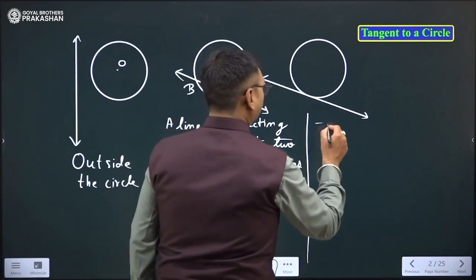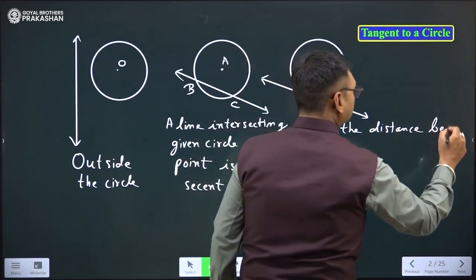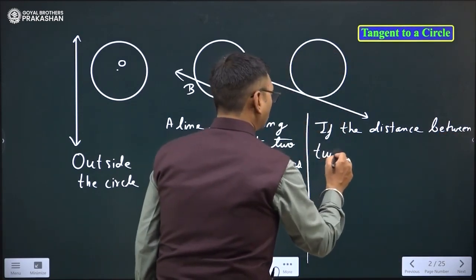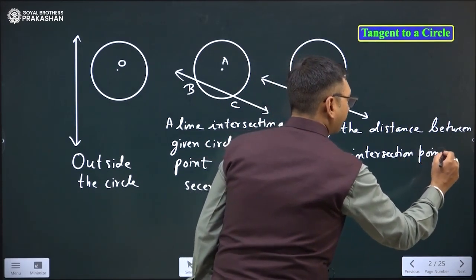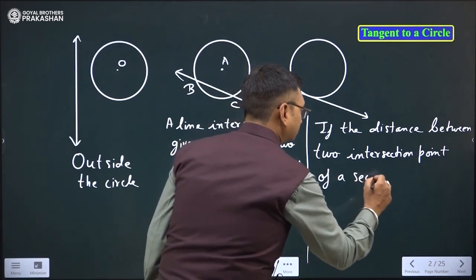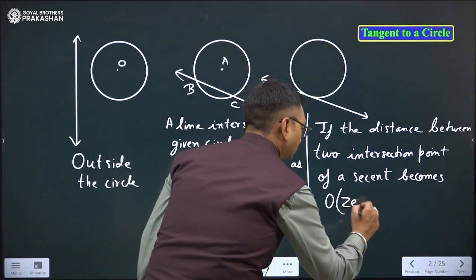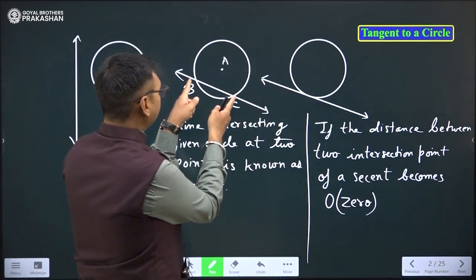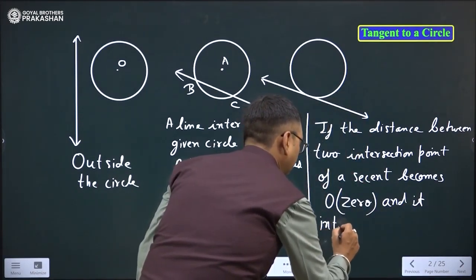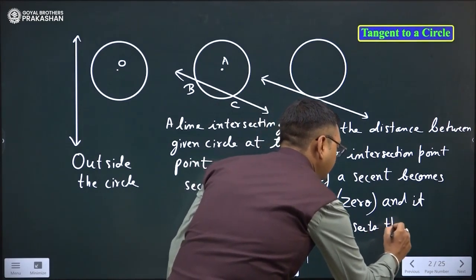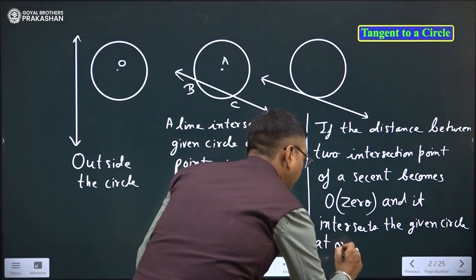So if the distance between the two intersection points of a secant becomes 0, in this case the distance between B and C becomes 0, and it intersects the given circle at 1 point.